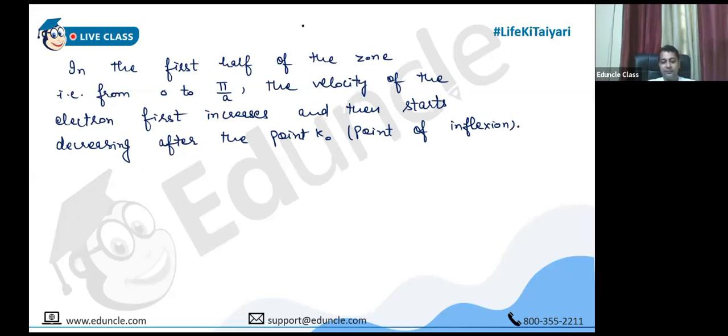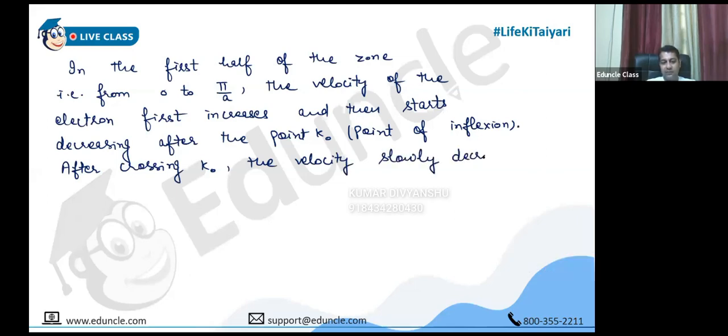Please check. After crossing k naught, the velocity slowly decreases and near k equal to pi by a, because we are discussing the first half, no? The velocity goes to 0.